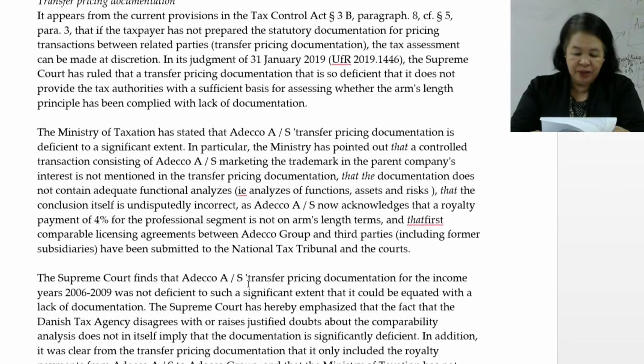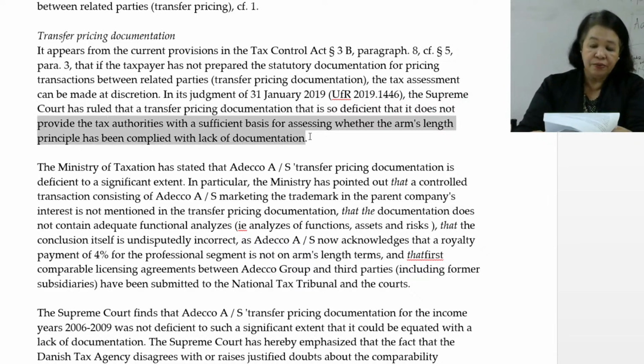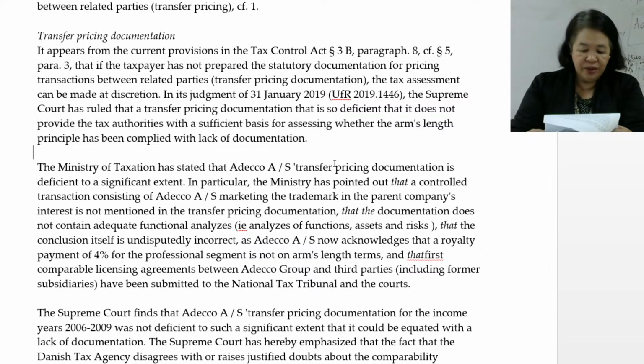In its judgment of 31 January 2016, the Supreme Court has ruled that the transfer pricing documentation that is so deficient that it does not provide the tax authorities with a sufficient basis for assessing whether the arm's length principle is complied with can be equated with lack of documentation. Kung kulang yung transfer pricing documentation mo, tantamount na yun sa lack of documentation as if wala kang documentation. Okay.